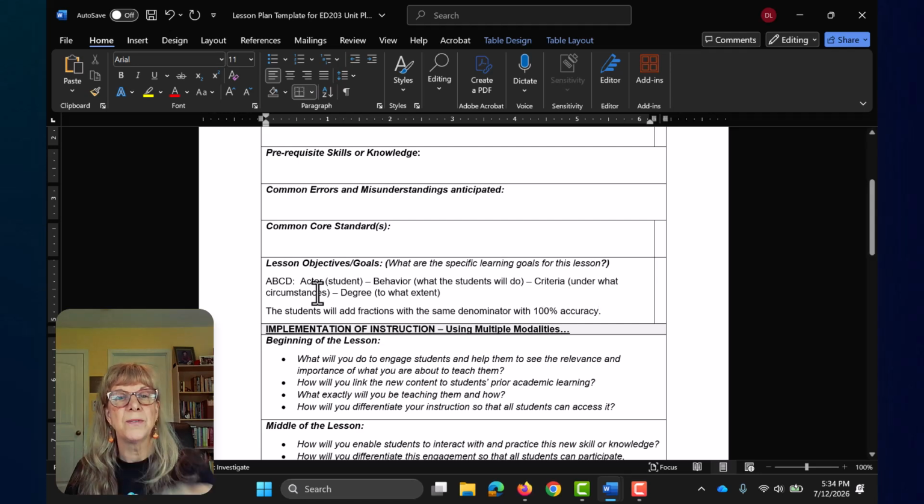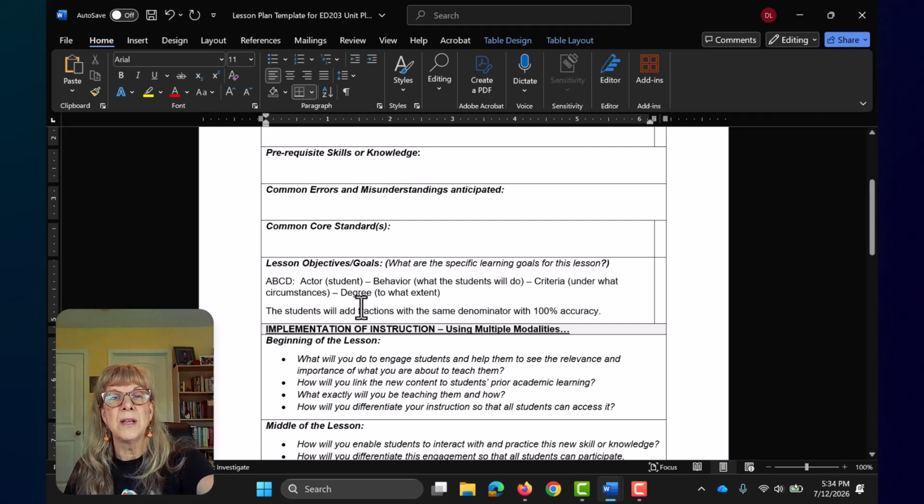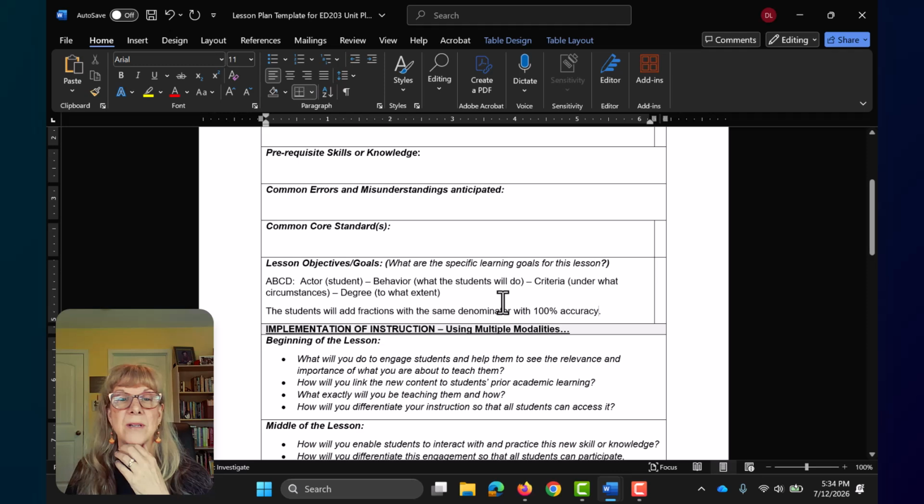There. So we've got the actor, the students; the behavior, add fractions; criteria, with the same denominator; and the degree, with 100% accuracy.